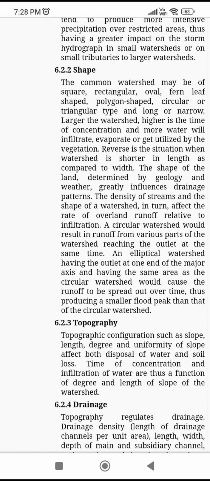An elliptical watershed having the outlet at one end of the major axis and having the same area as the circular watershed would cause the runoff to be spread out over time, thus producing a smaller flood peak than that of the circular watershed. So here, the larger the watershed, the higher is the time of concentration and more water will infiltrate, evaporate or get utilized by the vegetation.